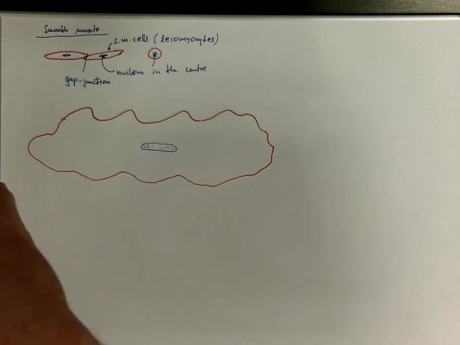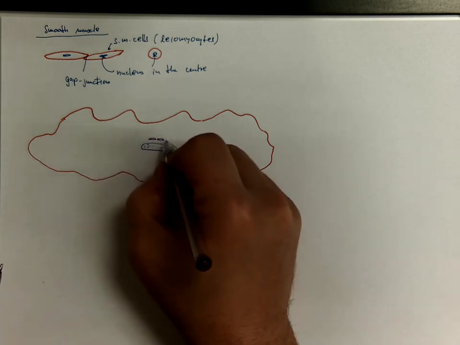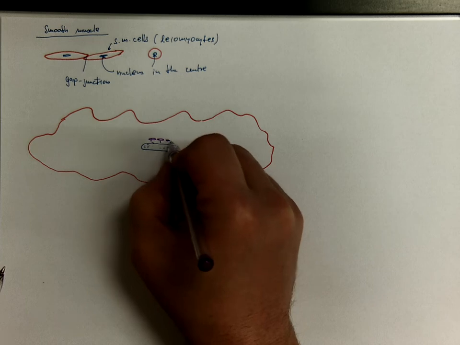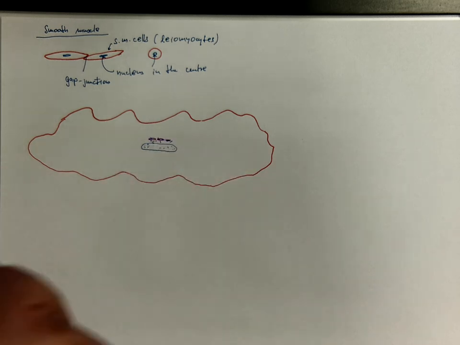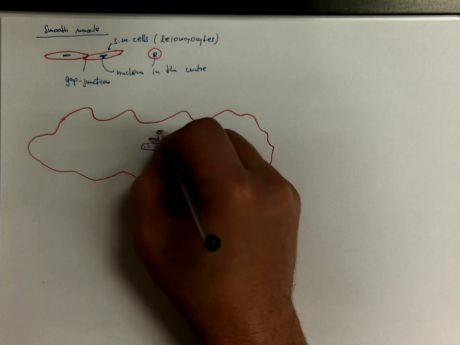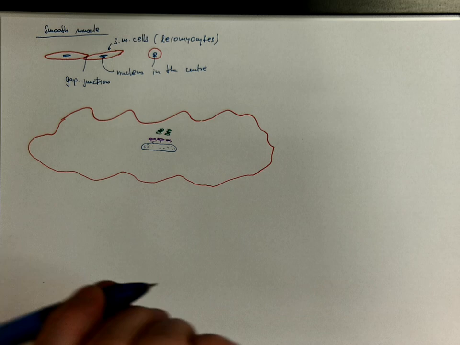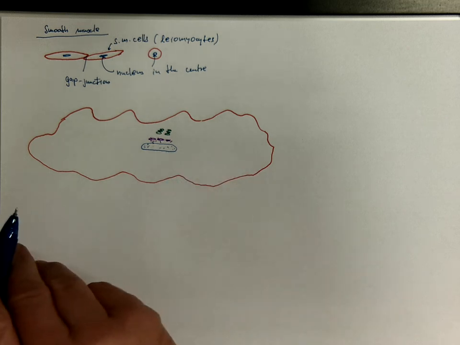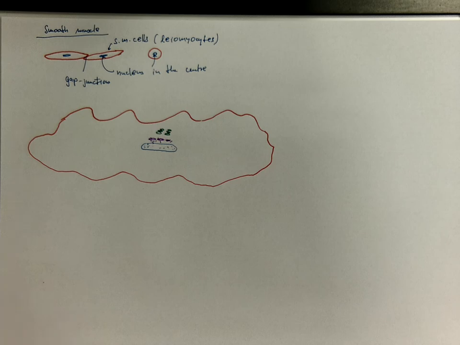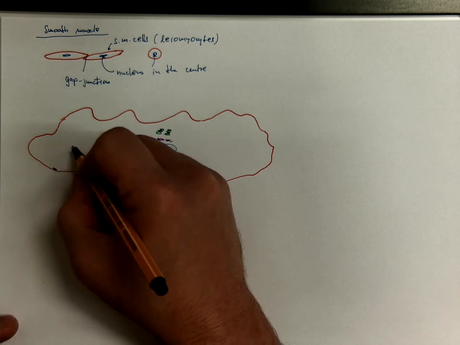There are also organelles for synthesis of extracellular matrix, such as granular endoplasmic reticulum or the Golgi complex, because smooth muscle cells could be producers of extracellular matrix as well. And the contractile apparatus is attached to dense plaques and dense bodies.